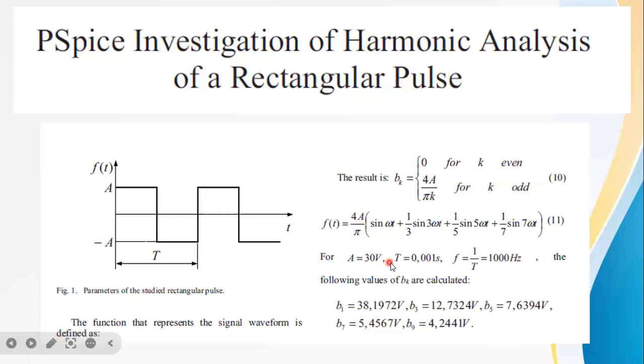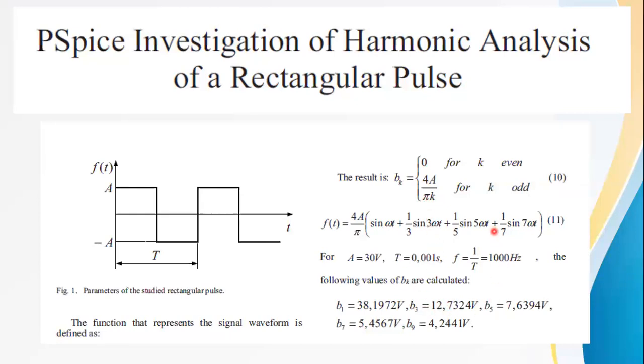Taking A equal to 30, T equal to 0.01 seconds, and F equal to 1 by T, that is 1000 hertz, 1 kilohertz, the center frequency is 1 kilohertz. Then B1 is equal to 38.1972, substituting A equal to 30, k equal to 1 and pi equal to 22 by 7.